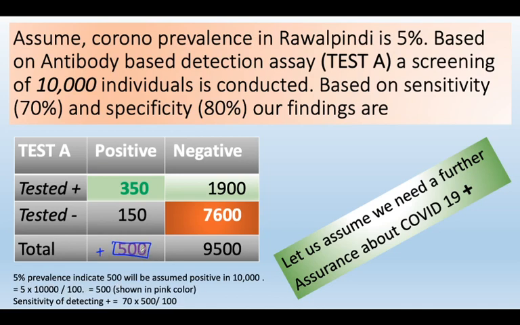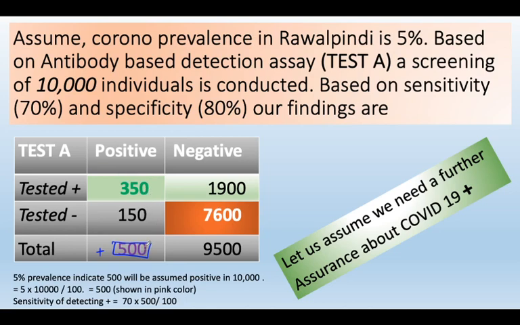Shown in pink color here, the sensitivity of detecting positive COVID using test A, the antibody based detection, means that 350 individuals will be correctly identified as positive.